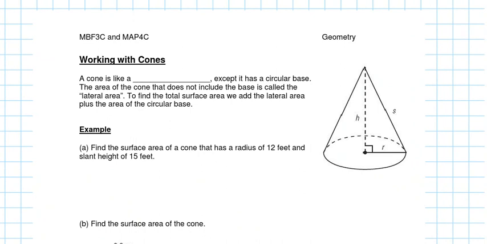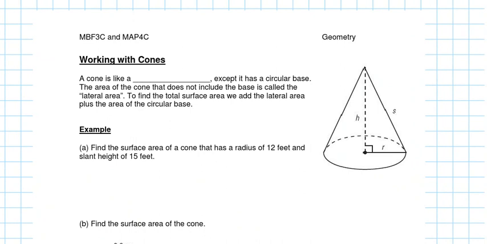A cone is like what? What shape is it similar to if you want to compare it? A circle with a triangle, but it's kind of similar to a cylinder. Yeah, it's part of a cylinder, right? And if you look at your cone formula, which is pi rs plus pi r squared.